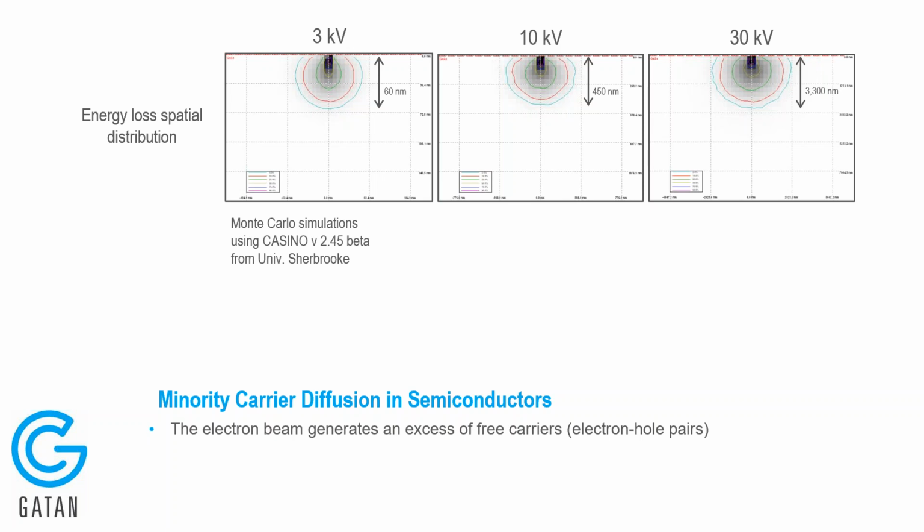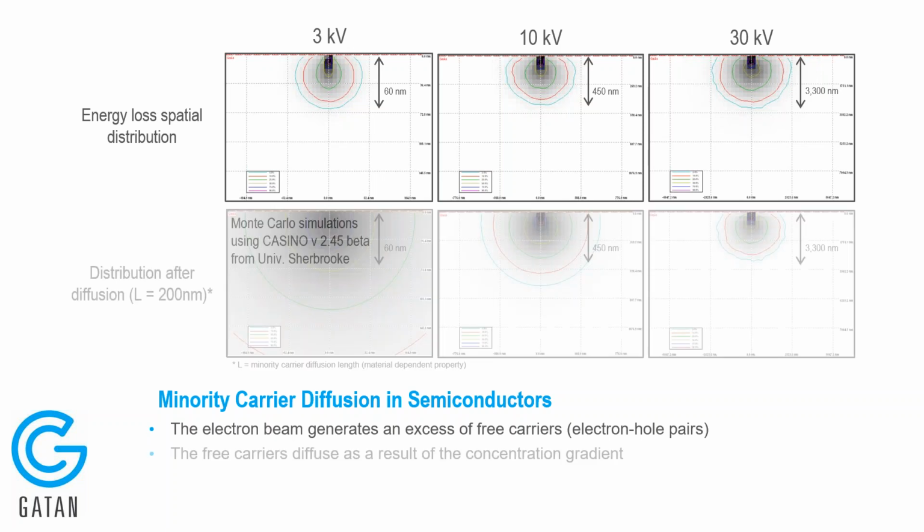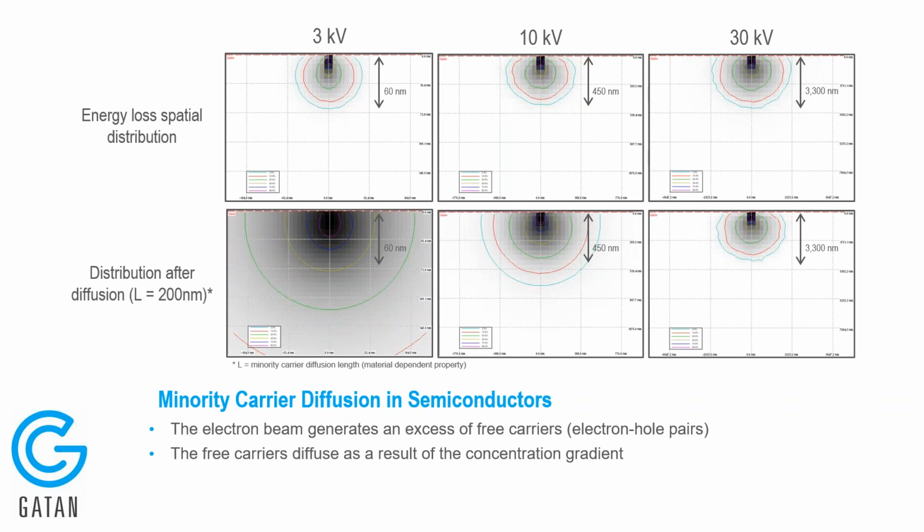However, we now have a high concentration of carriers in this region, and they are subject to diffusion. They move around within our material before they have a chance to recombine and emit a photon. We must also consider the effect of minority carrier diffusion, i.e., what these electrons and holes do before they recombine to emit a photon.